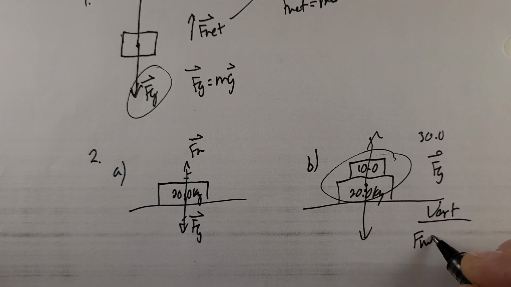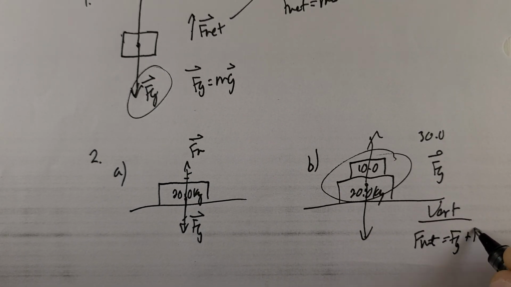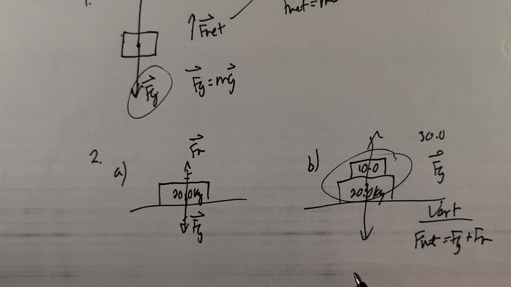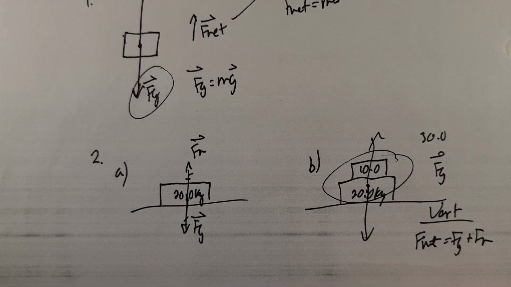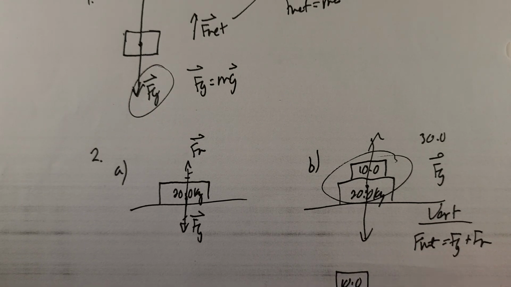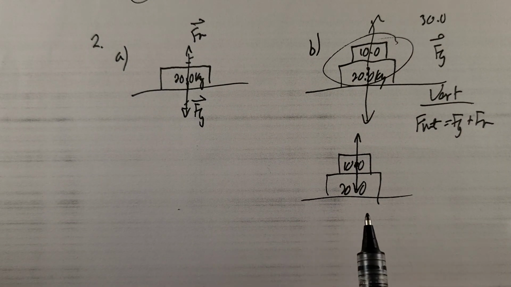So of course, F net is equal to Fg plus Fn. And then the scenario becomes, okay, well, what's going on with just the 10 kg box? So then you could think of it, okay, let's look at the force of gravity just on the 10. So in that case, the 20 kg box kind of behaves like a tabletop. And you should be able to figure that out.